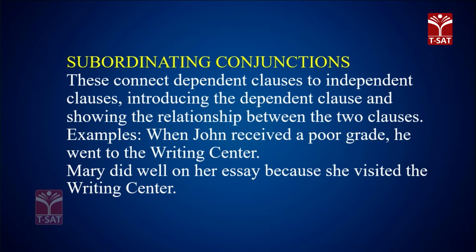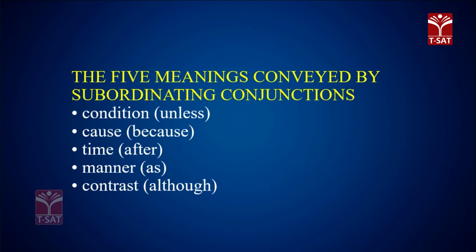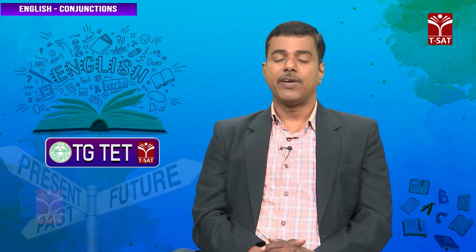Then subordinating conjunctions, right: dependent clause to independent clause. Okay. These subordinating conjunctions convey five important meanings: condition, cause, time, manner and contrast. When condition is explained, we use a conjunction called unless.